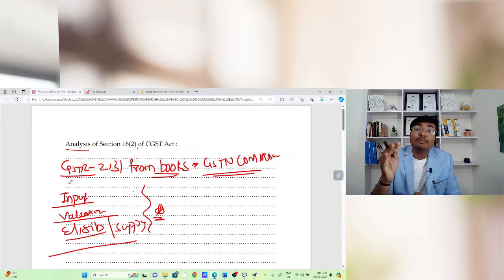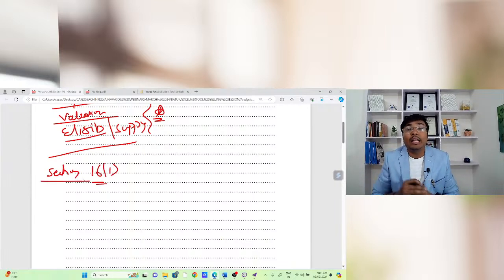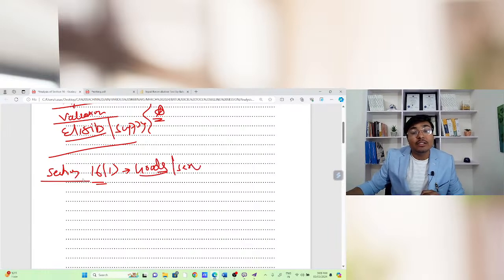As per section 16 subsection 1, if you want to claim the input tax credit for particular goods or services, there is only one condition: you should use that particular goods or services in the course or furtherance of business.